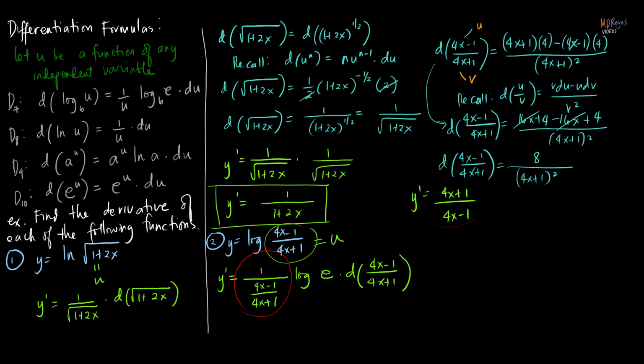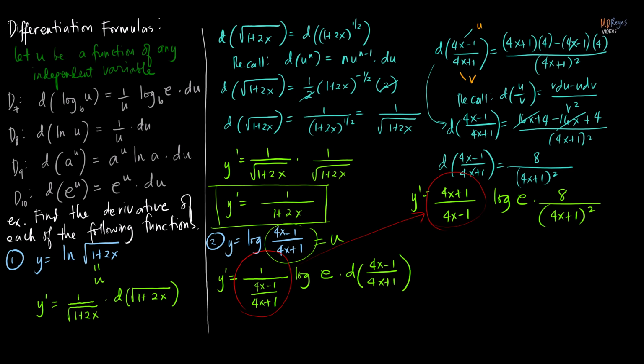Okay, so this is the encircled part. And then you have logarithm of e to the base 10, and then times the derivative of 4x minus 1 over 4x plus 1, which is equal to 8 over 4x plus 1 quantity squared.